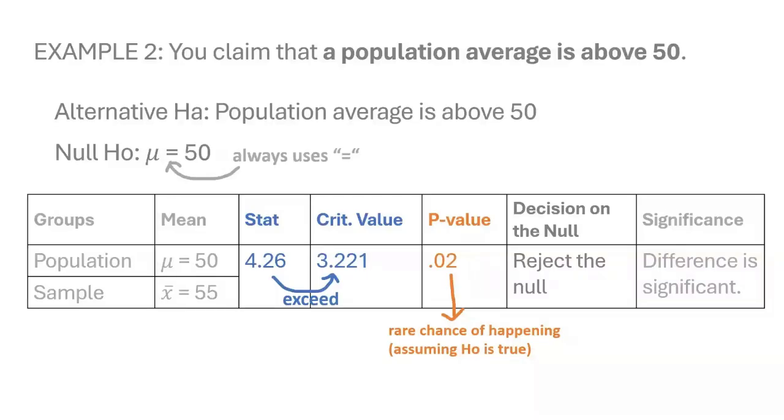Second, the probability that this extreme statistic occurs is only 2%, which is a rare chance to happen. Therefore, the logical thing to do is to reject the null based on the evidences. So, we have evidences to believe that the population average is truly above 50. There we go, hypothesis testing.